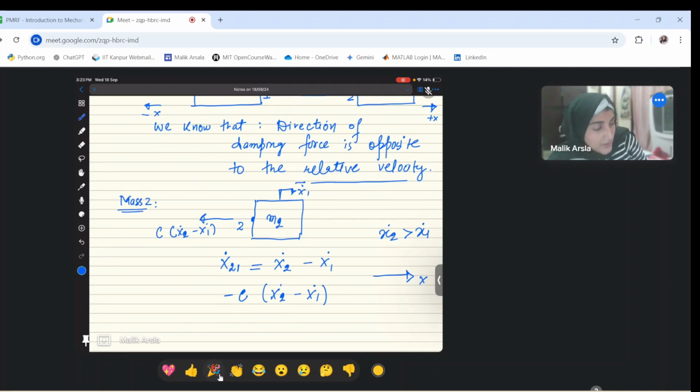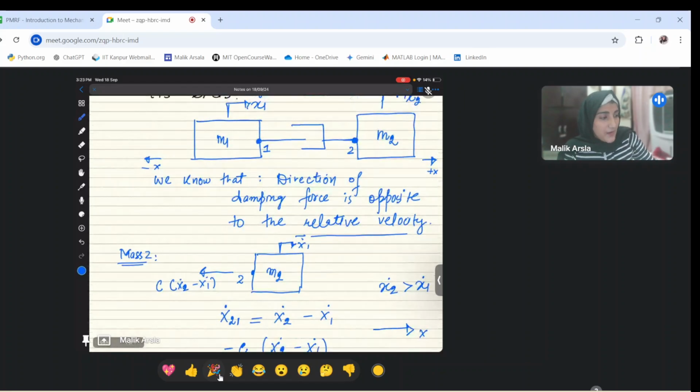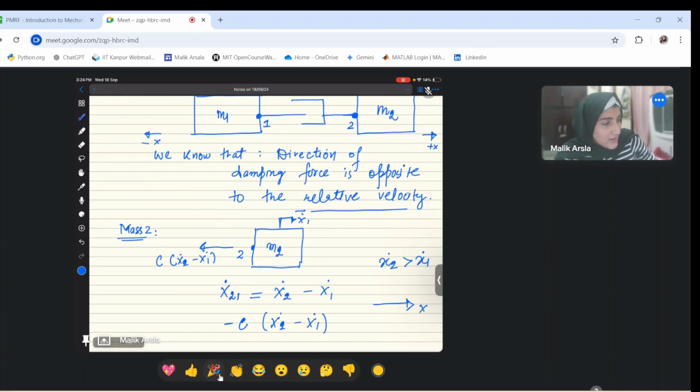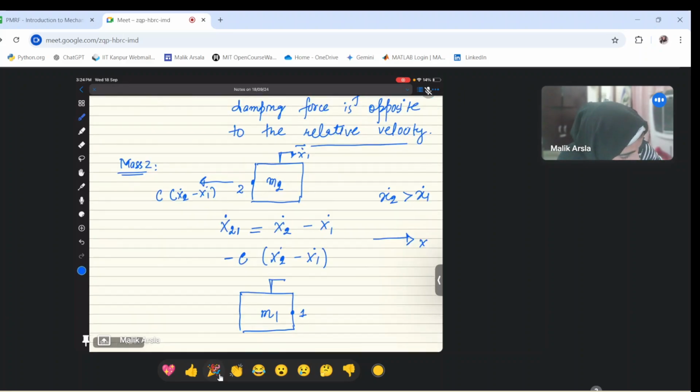Now when we consider mass m1, for m1 we have the damper on the right of m1. So this is m1, this is the point 1 which I marked, and this is the direction of the velocity.